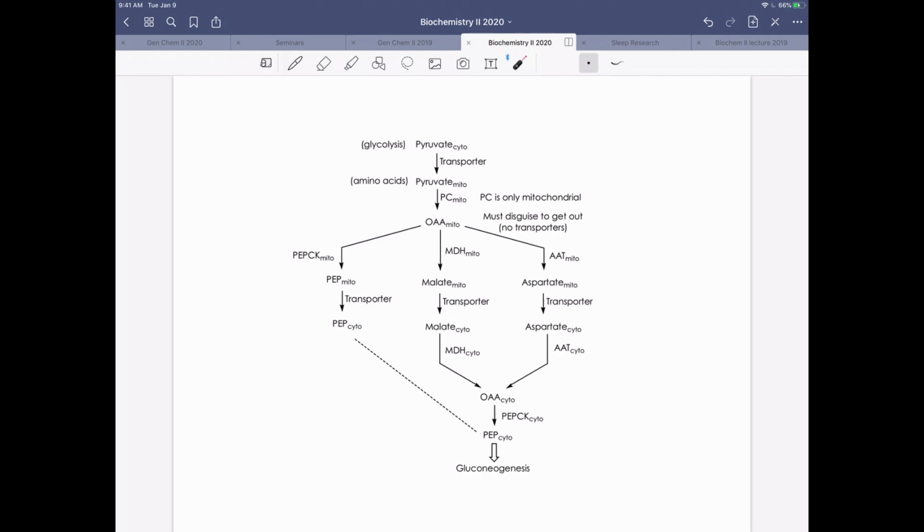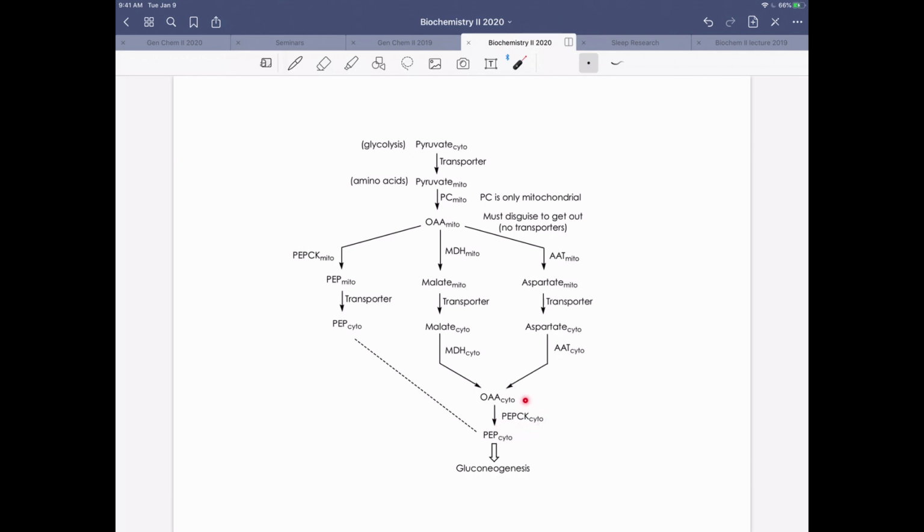Another route you could take is that oxaloacetate could be converted into the amino acid aspartate in the mitochondrion. Again, that's going to be the mitochondrial version of AAT. We can then use the aspartate transporter to get out into the cytosol. Once we're out in the cytosol, the cytosolic version of AAT can reverse that chemistry and regenerate oxaloacetate in the cytosol.